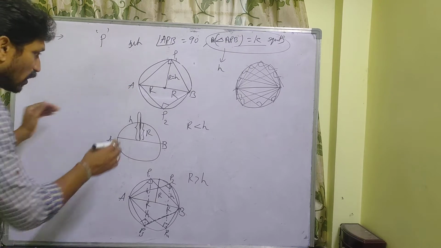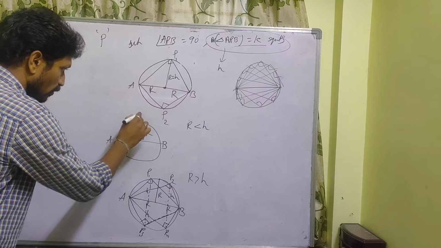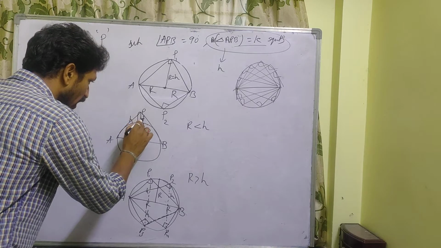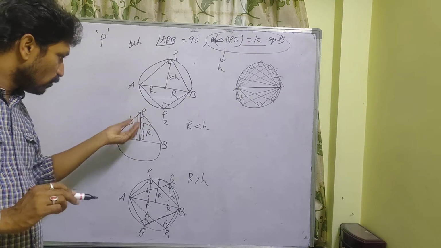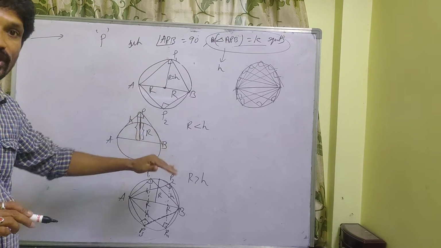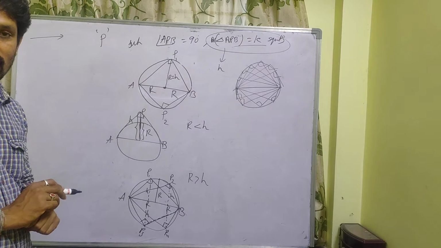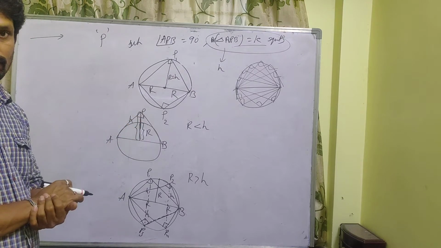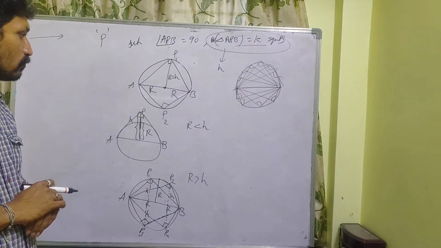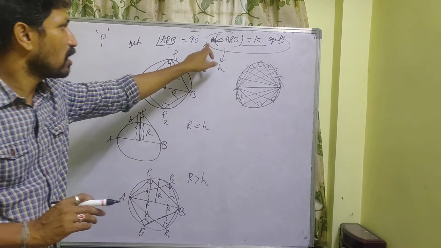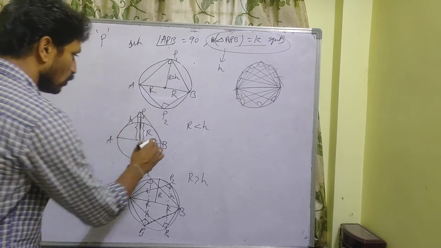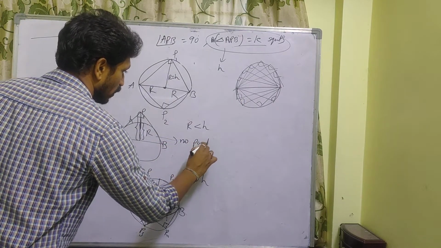It will be outside of the circle, which means there are no such points, because if you want to make it 90 degrees, then any point which makes 90 degrees, through that point we can draw a circle. Here it is not possible to draw a circle, so we can't take such a point, such that angle APB is equal to some k. That means area of triangle APB is equal to some k. Understand here? So here no points, can't take such points.